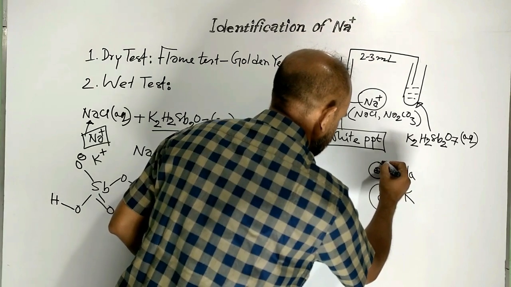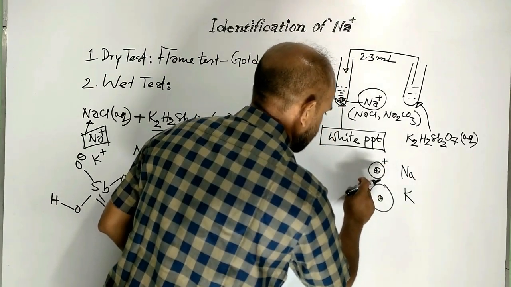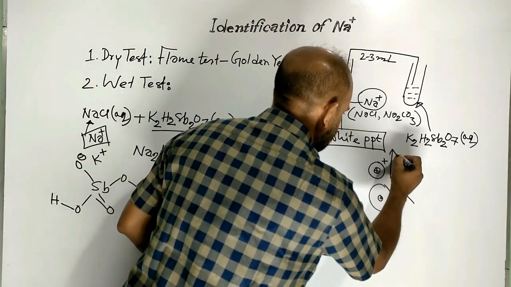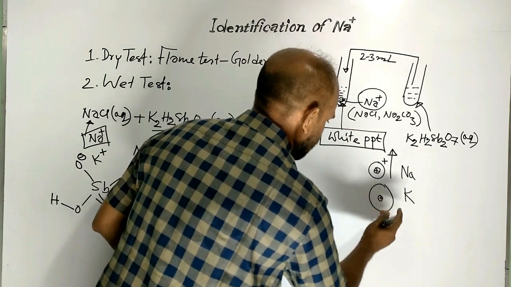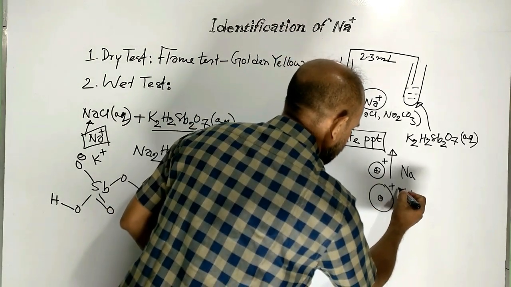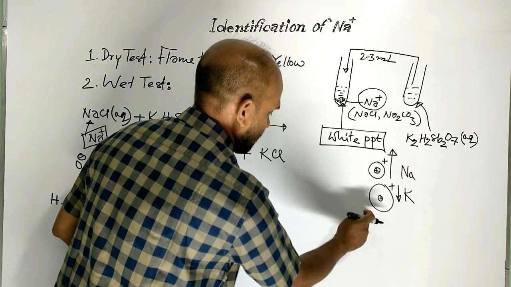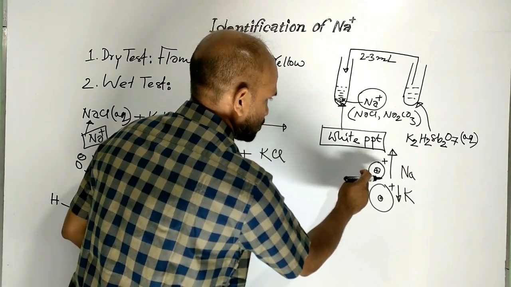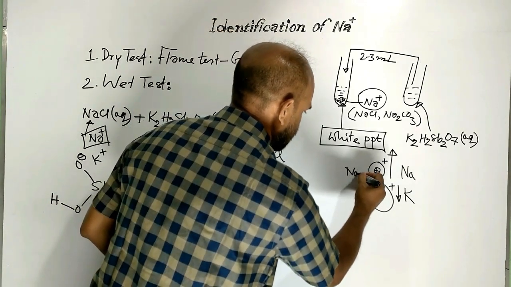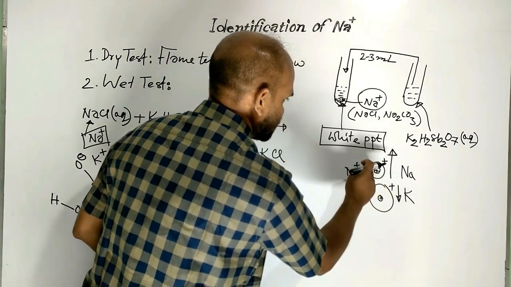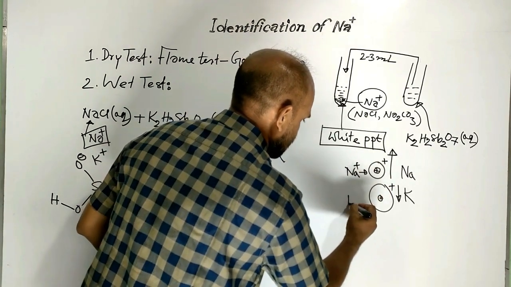It means in case of sodium ion, charge density is higher, but in case of potassium ion, comparatively charge density is lower. That is simply in sodium ion, charge density is higher.